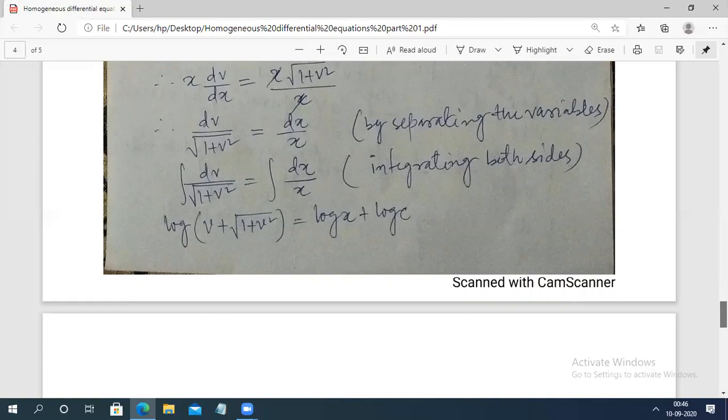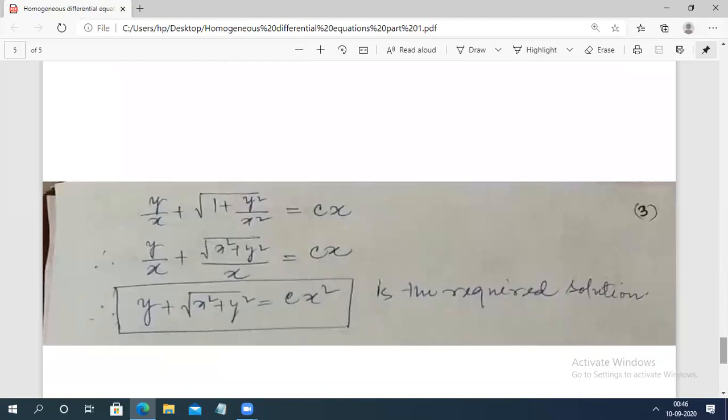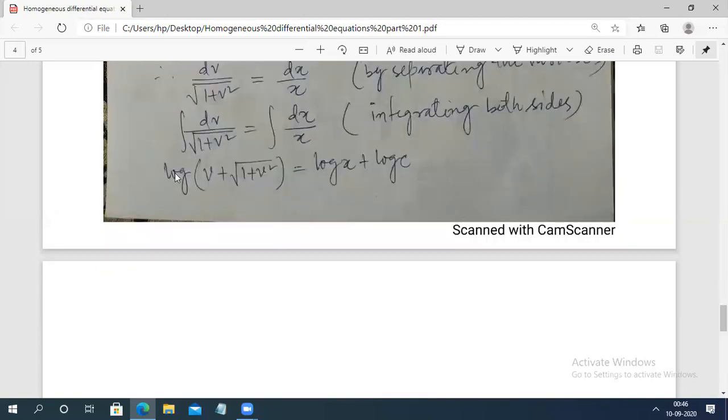So what will happen is the log will get eliminated from both the left hand side and right hand side, and it will become y by x plus root over 1 plus y square by x square is equal to cx. You can see from here log of v plus root over 1 plus v square, but you have to replace it in the last step. This is your solution, but it is not complete because you have to change v by y by x.